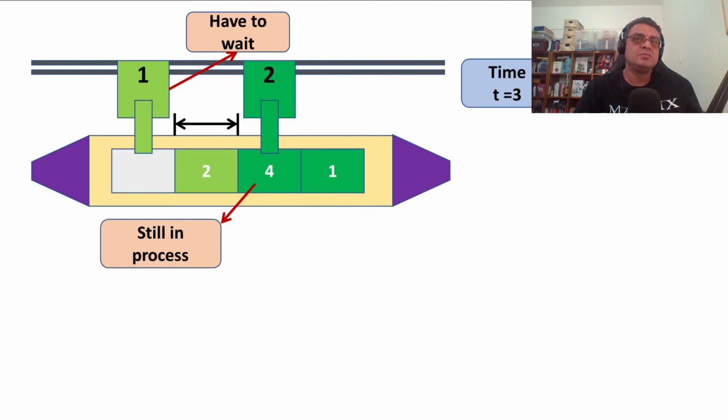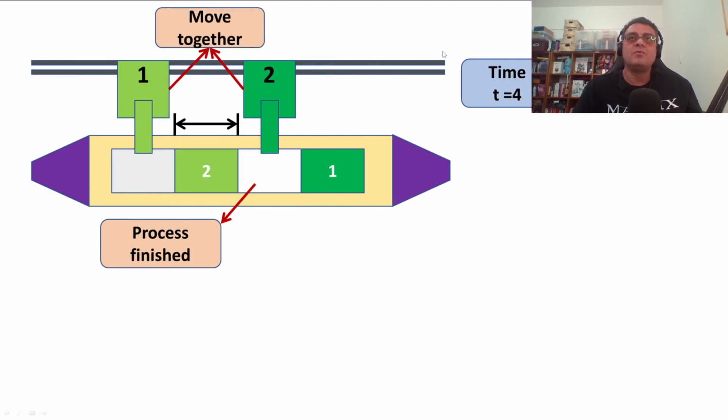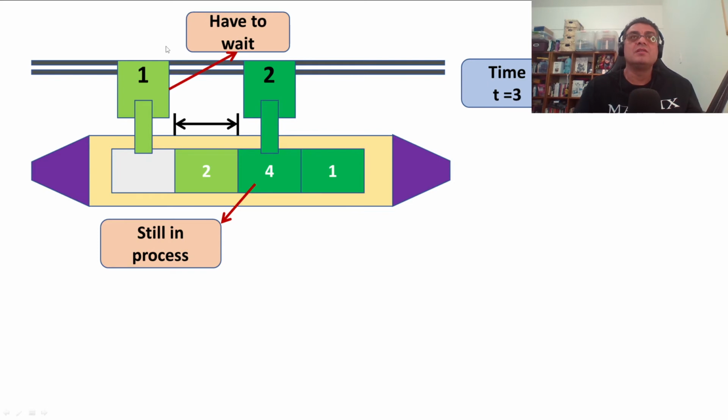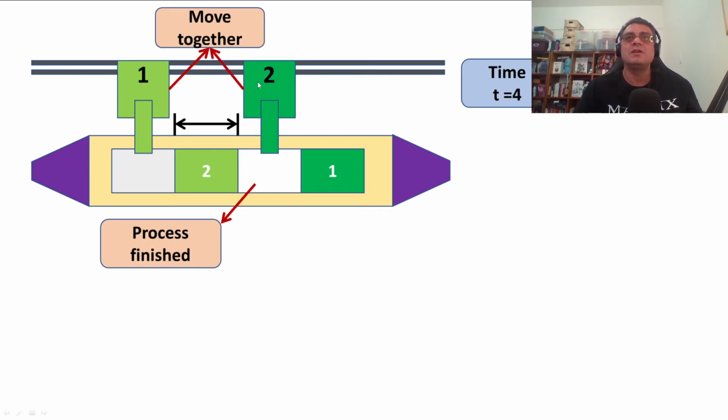the third bay, and at time 4 they can move together, because we have a special situation where this quay crane should stay here and wait for the other crane to end this task. When we get this kind of synchronization, we call it a synchronization of operations, and they move together.